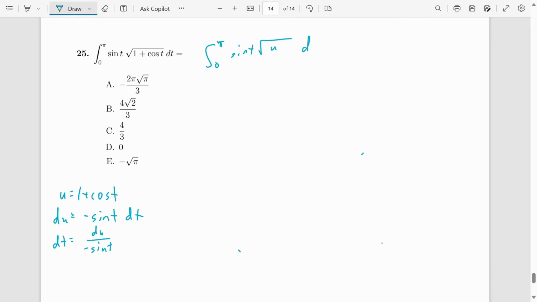This is times du all over negative sine of t. So the sine t's are going to cancel, and we're left with the integral from 0 to pi of square root of u du, all times this negative sign. We can actually just throw that out front since it's technically a constant. You can just put them out front.